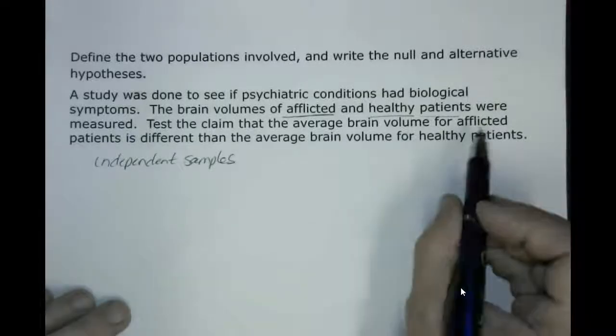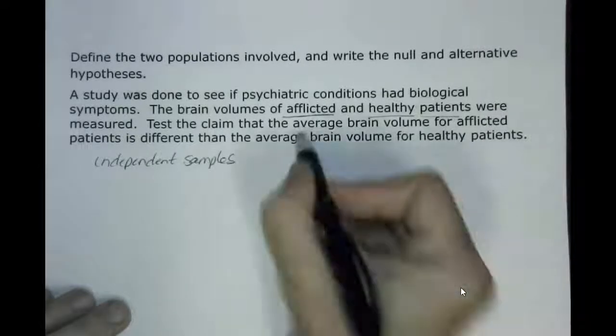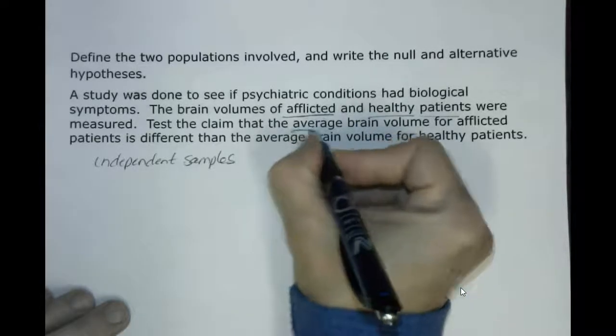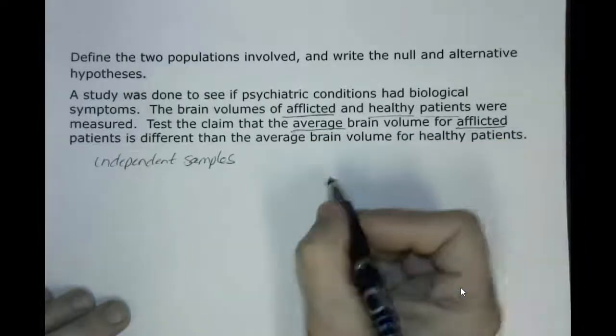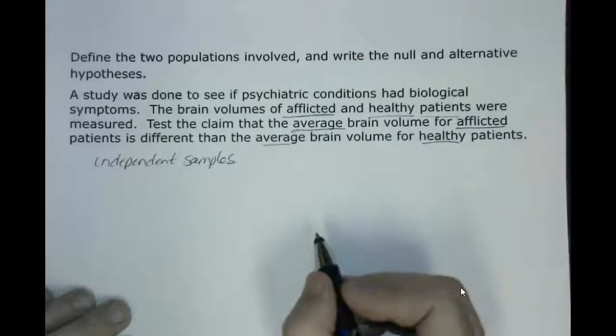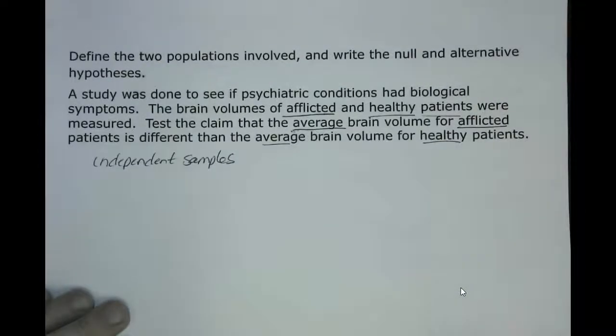The other way that you can tell is that it talks about the averages, and it says the word average twice. Average is the same as mean. So it's talking about the average for the afflicted patients, and then the average for the healthy patients. That means basically you have a mu1 and a mu2.